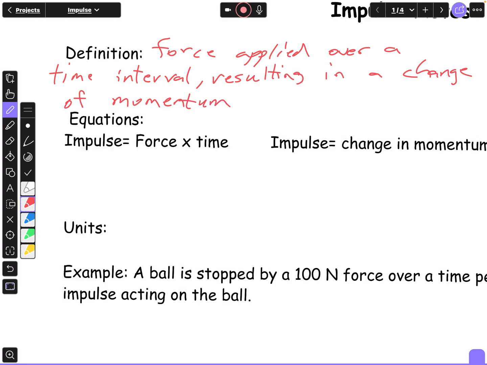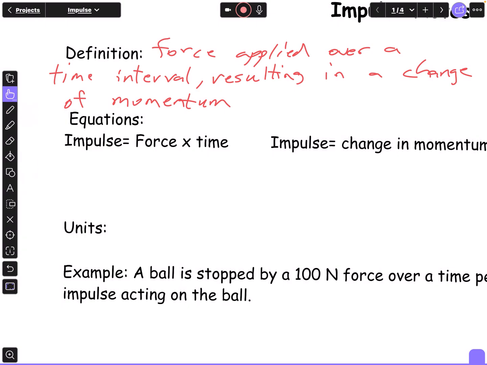So pretty much a way of defining impulse is a force applied over time, or impulse is also equal to change in momentum. And we have some equations, the way that we relate this to math and the way we can solve for these different variables.